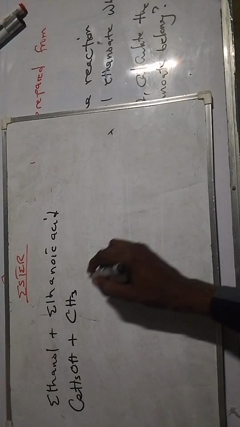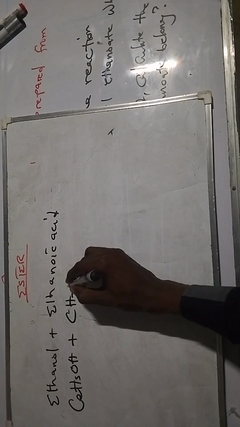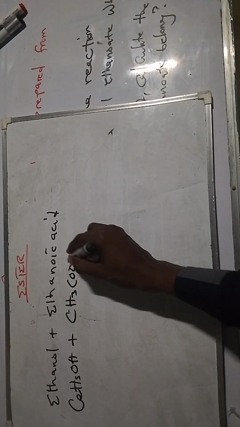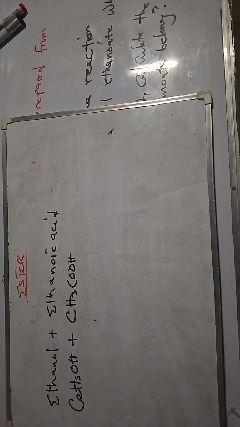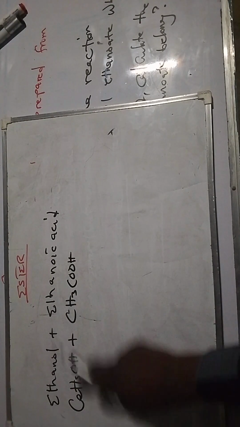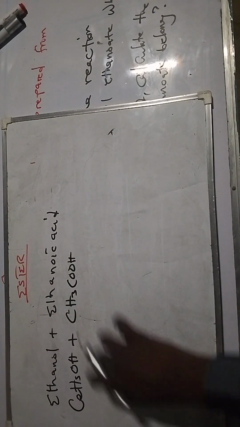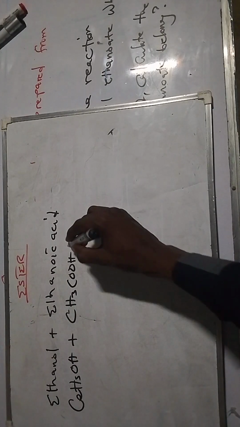We remove 2 hydrogen. Then also put the functional group like this. So these are the two components which can be reacted to form ethyl ethanoate.